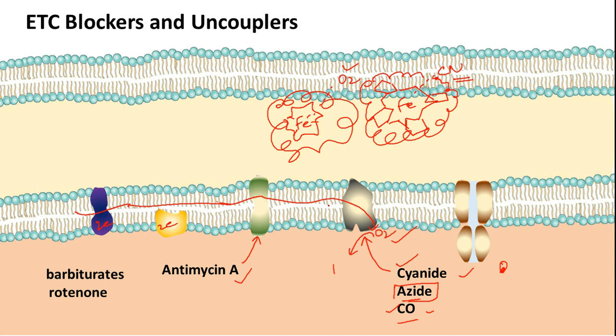For any electrical circuit, you need grounding. For it to work successfully, it needs grounding. So oxygen is like this, which accepts electrons ultimately at the end of the electron transport chain.